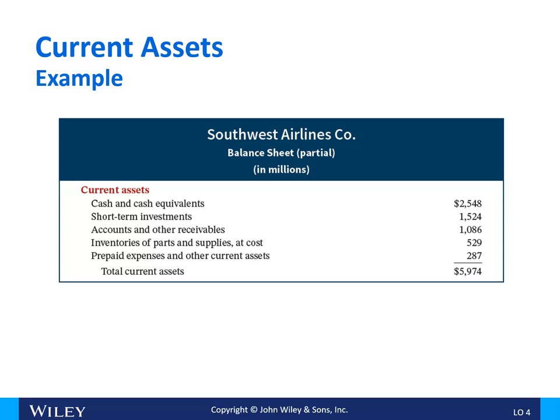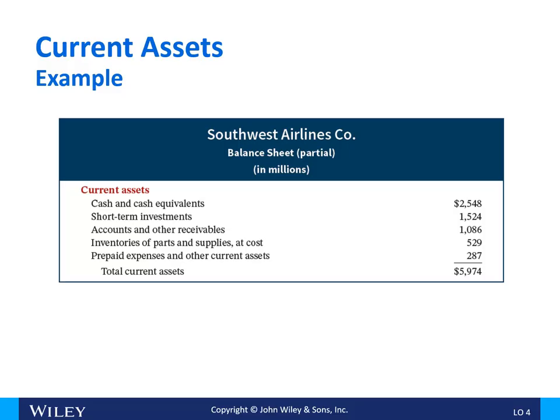Short-term investments, we can typically sell pretty quickly and within a day or two turn those into cash. Accounts receivable and other receivables, typically we're going to collect in a short period of time, so we list those next. If we're really short on cash, we'll get into it in another chapter, we can sell those assets off as well.